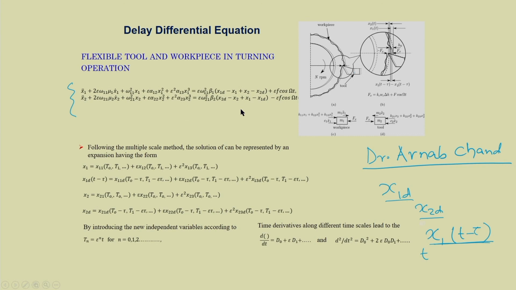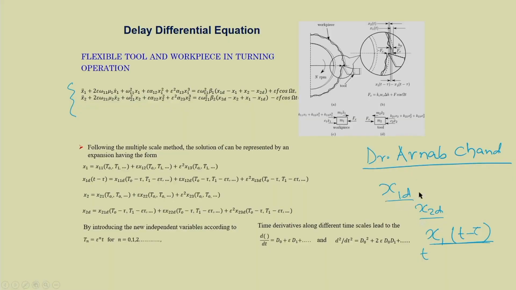This delay differential equation you can actually solve by using ODE also, by using the Runge-Kutta method also, but here you have to consider that when you are taking this x1d, you have to consider the previous value of x1 at time t minus tau.